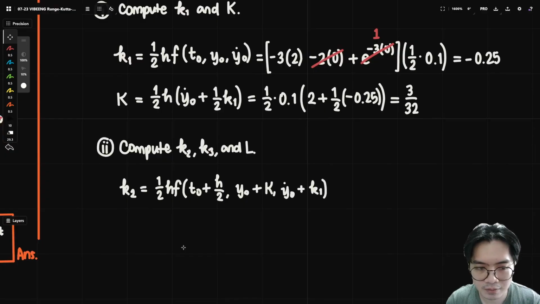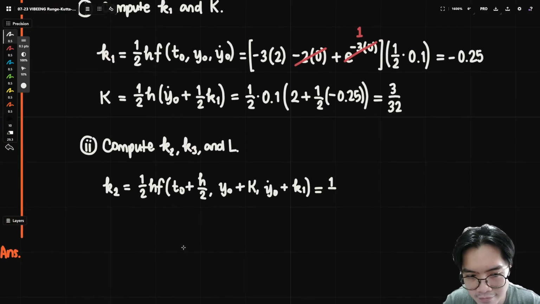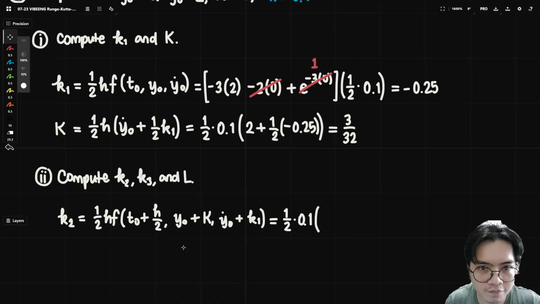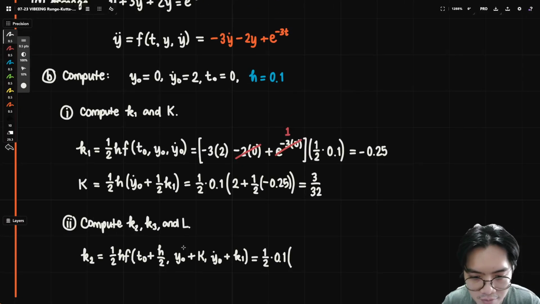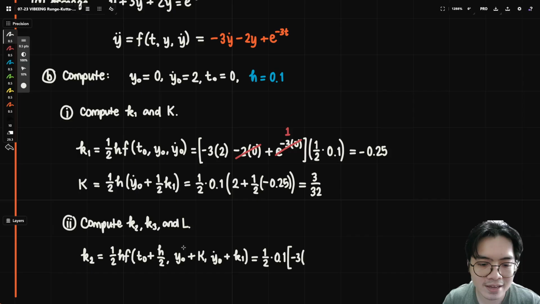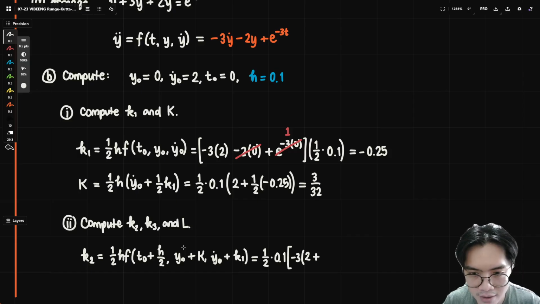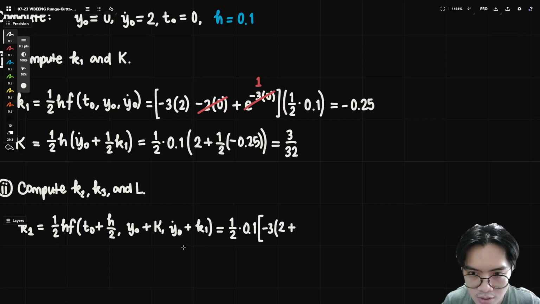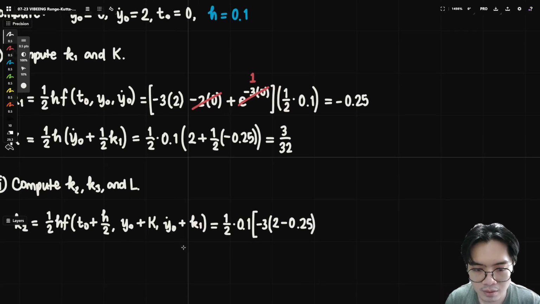So this will be 1 half times 0.1 times our function. Our function is negative 3, let me use square brackets: negative 3 times our Y dot, to which we add K1, the value of which is 0.25, so minus 0.25.